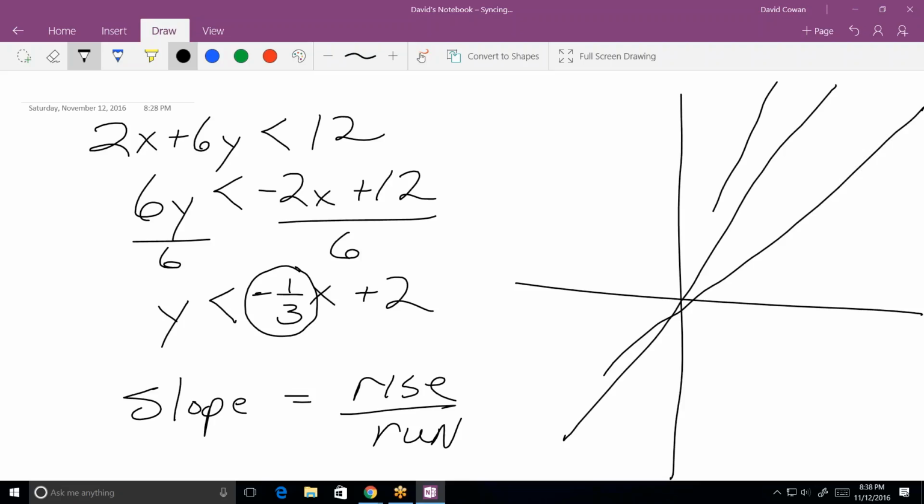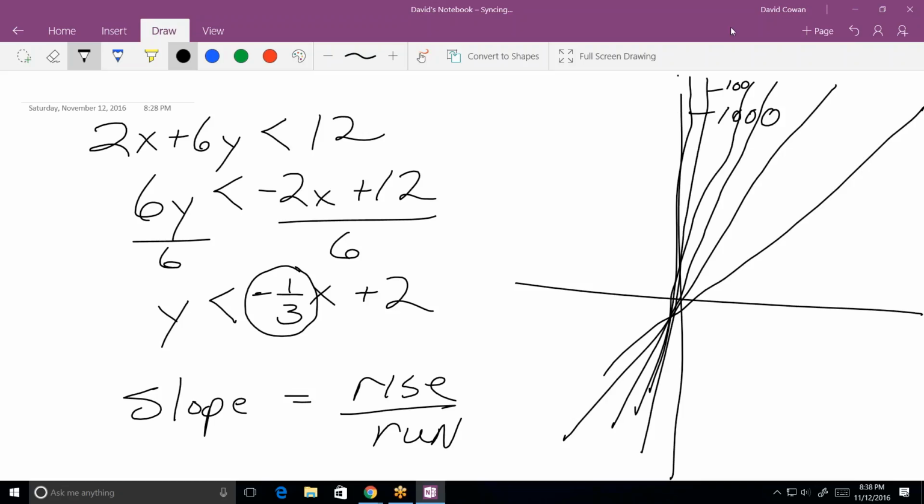There's a slope of 4. There's a slope of 10. Notice, as I approach the vertical line, the slope gets steeper and bigger. This slope here might be 100. This slope here might be 1,000.